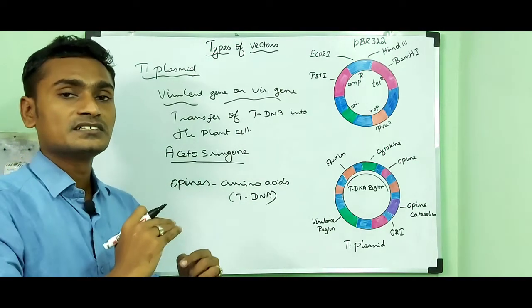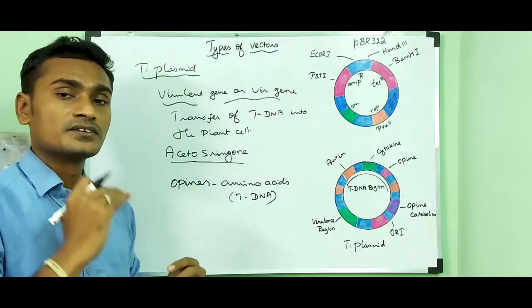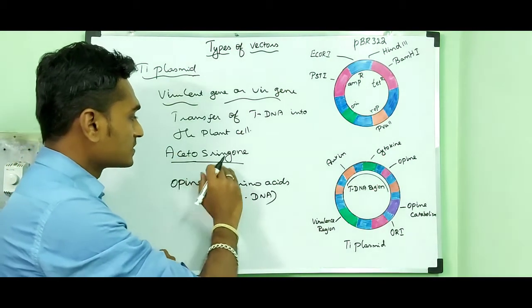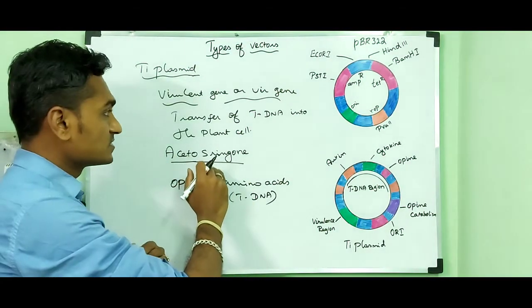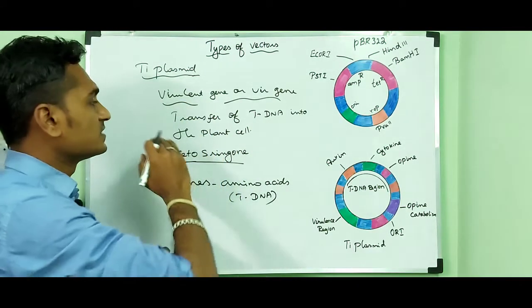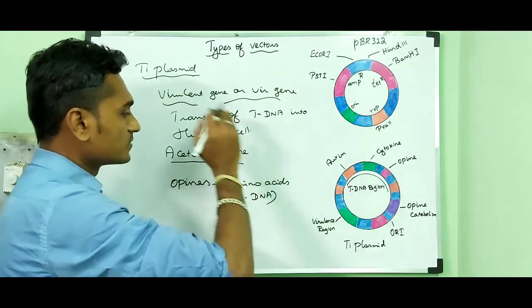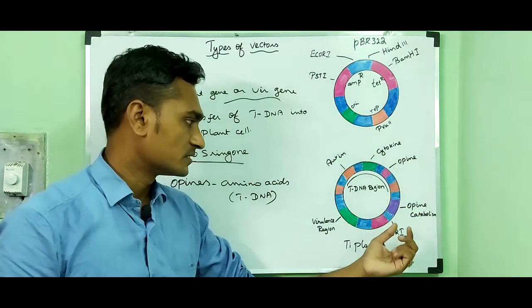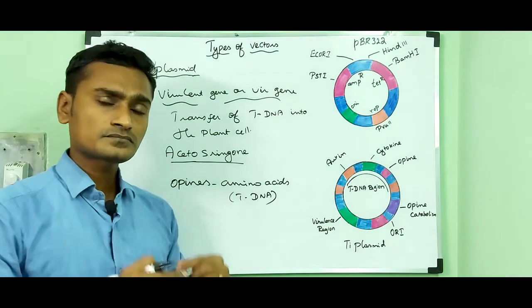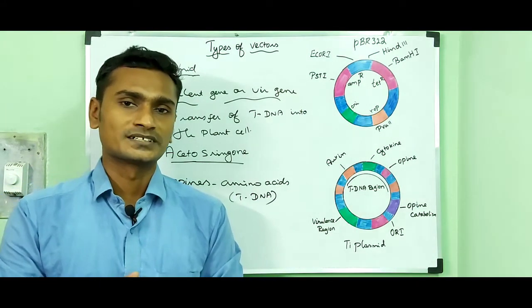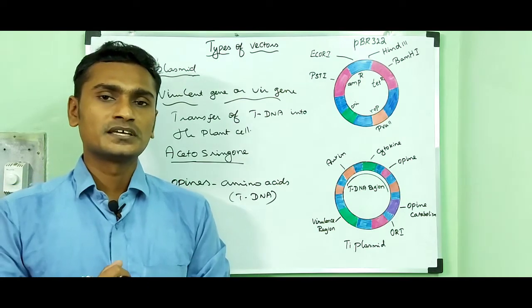That virulent gene gets activated by the phenolic compound secreted by the plant, called acetosyringone. This acetosyringone activates the virulent gene, and that virulent gene transfers the tDNA into the plant cell. It contains auxin, cytokinin, opine, the ORI site, multiple cloning sites and a selectable marker. So that's all about the TI plasmid.